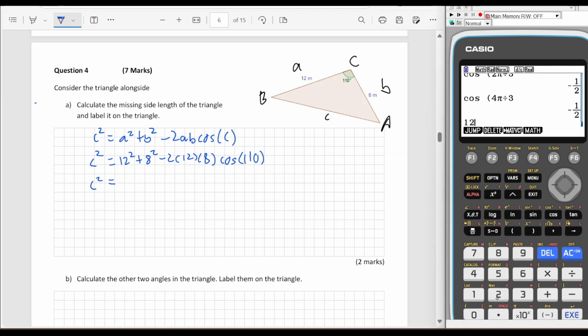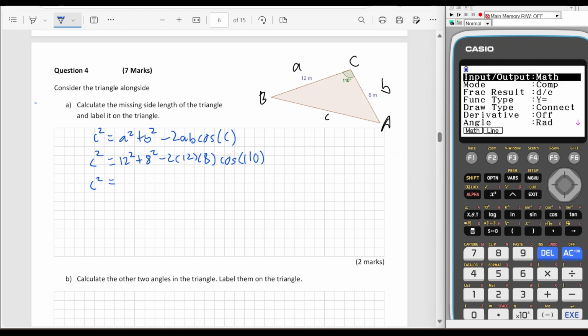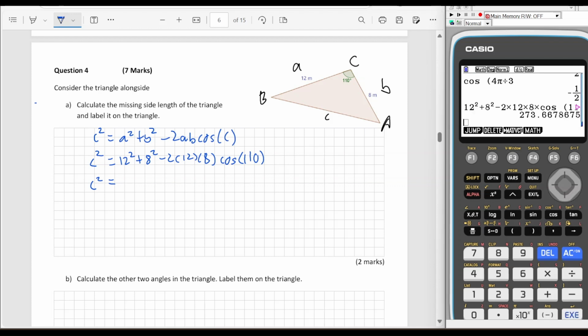Now I want you to pop this entire thing into your calculator. So don't work it out piece by piece, just chuck the whole thing. All right, now I'm about to make a mistake because I'm still in radians from the last question. So we just got to go shift menu and swap back to degrees and hit enter on that. So 273.667.